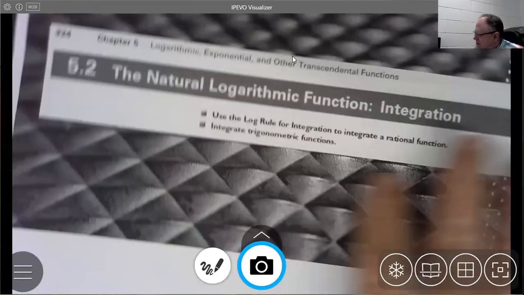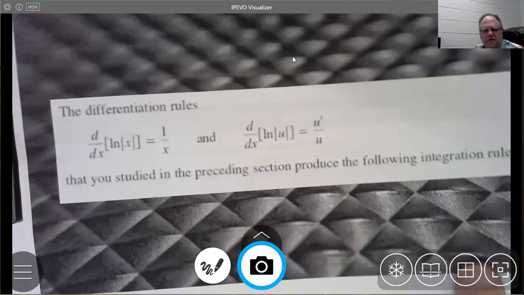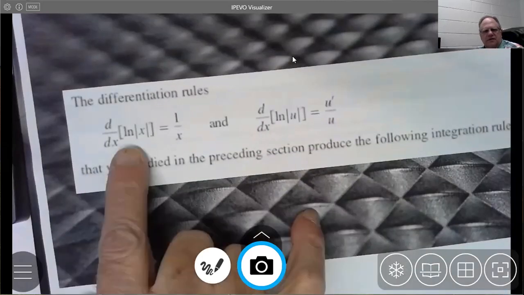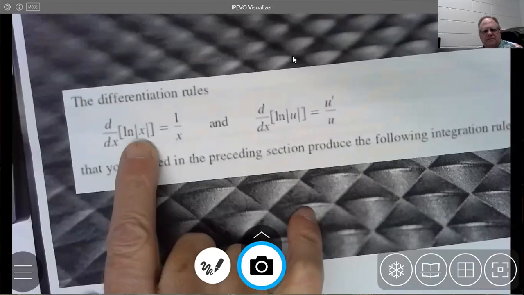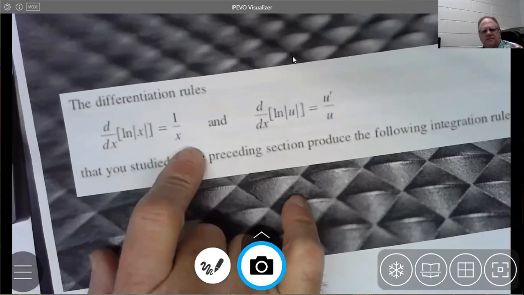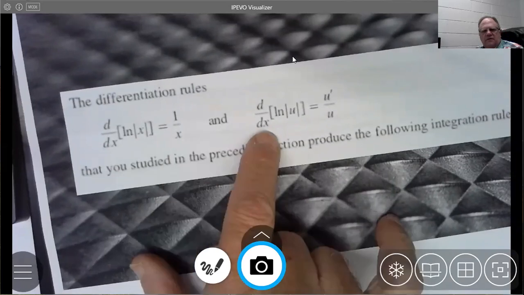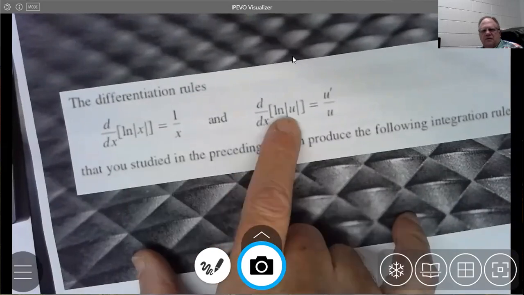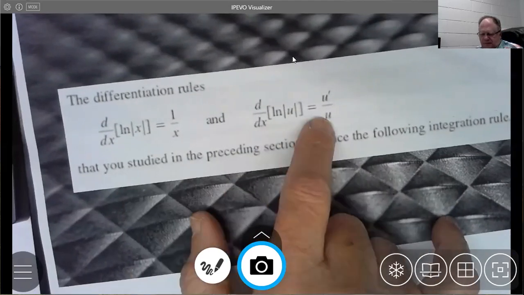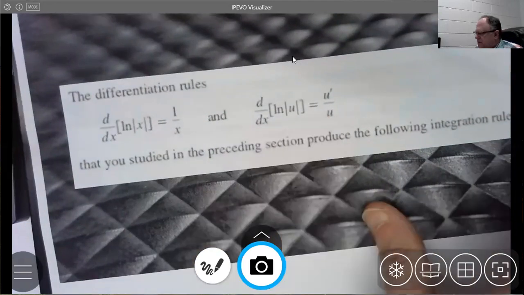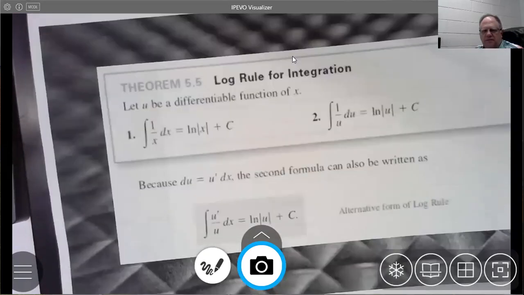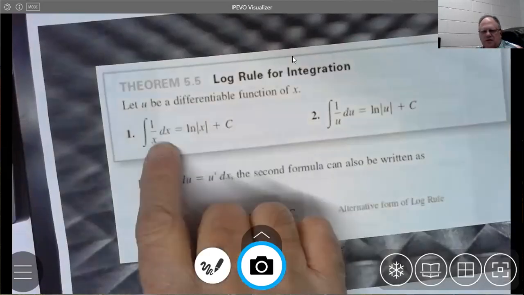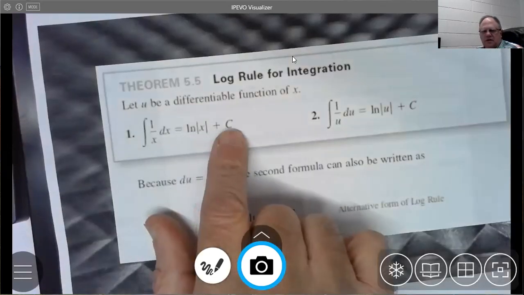All righty. So we said before that the derivative of natural log x is 1 over x. And if this is something other than x, like u, then the derivative of natural log u is u prime over u. So therefore, when we integrate 1 over x, that's going to give us natural log x plus our constant c.